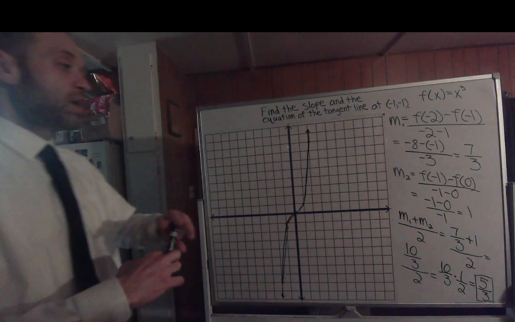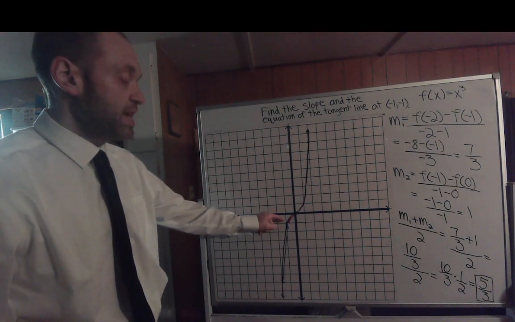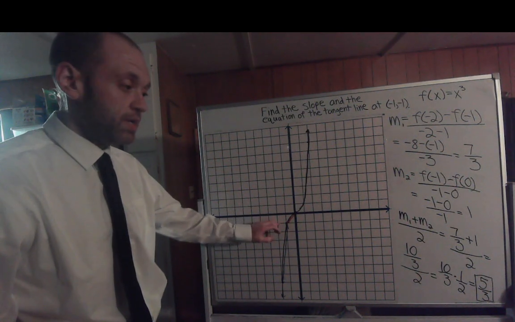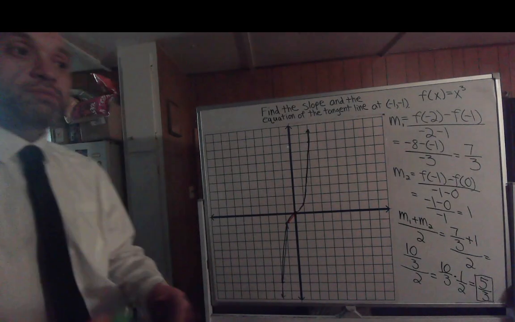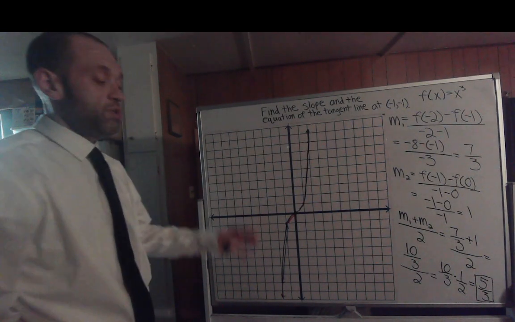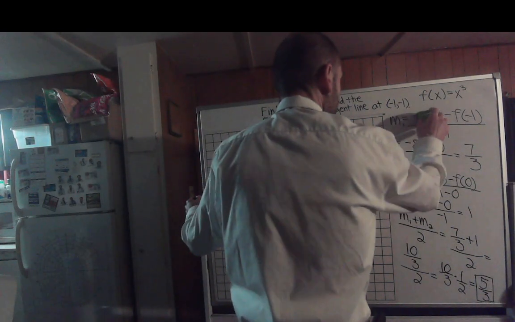Because the closer you get on each side to that x value of -1, the more accurate the measurement of your slope is going to be when you average the slope of your two secant lines. So this is just one example. Now, I'll set this up here in just a second, but this time we're going to go with, so we got 5/3 before.